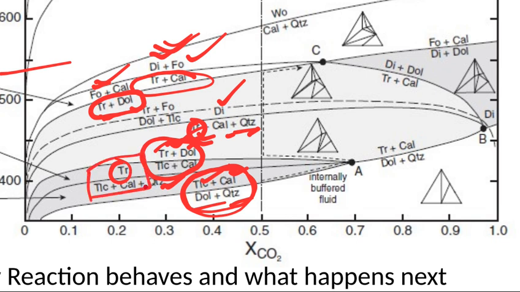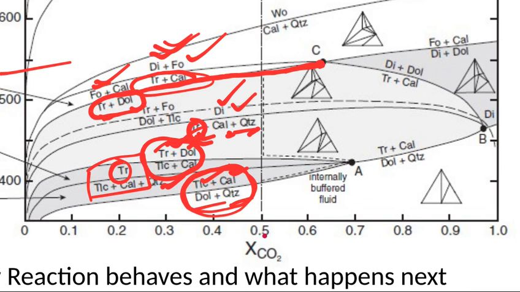No intermediate reaction in between that. After that, the sequence is tremolite plus calcite will form diopside, and then it will end at this C point. The last reaction will be tremolite plus dolomite giving forsterite plus calcite. This is the last reaction.